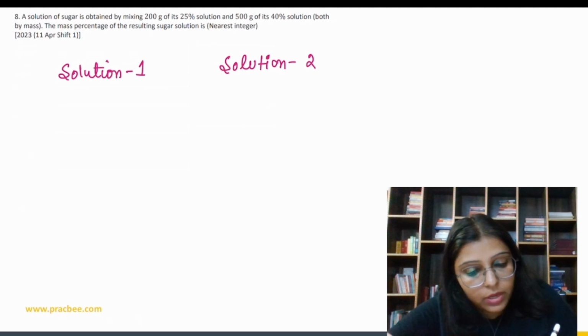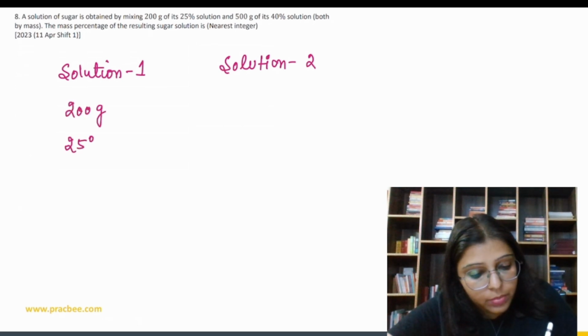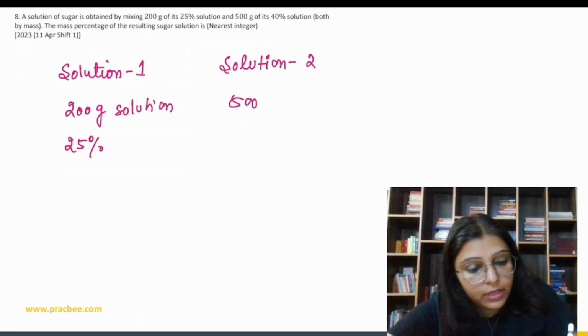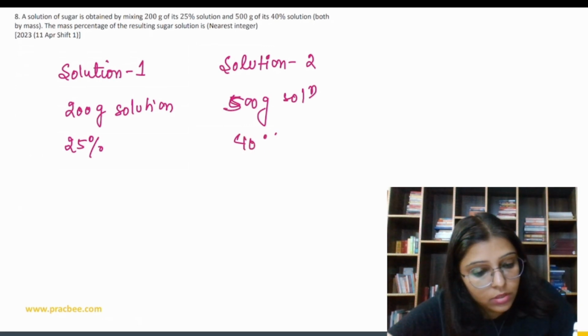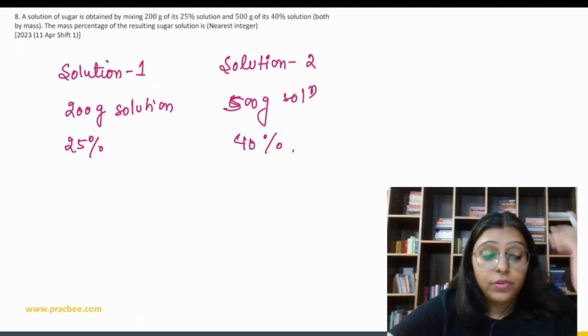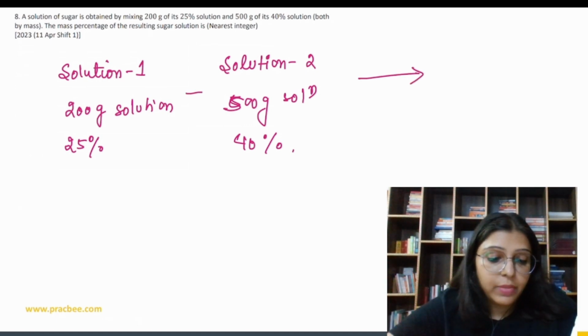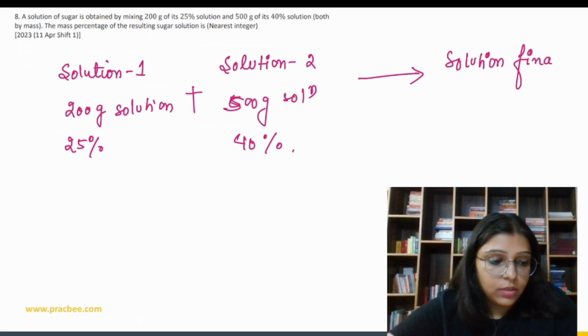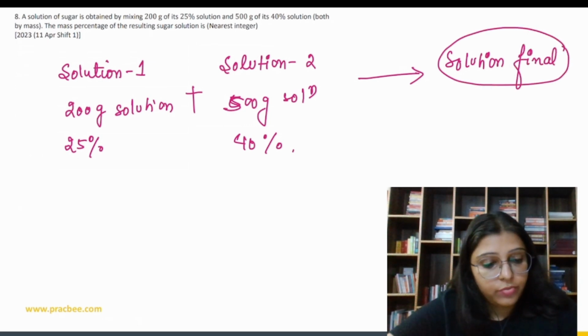In solution 1, we have 200 gram of 25% solution, and here we have 500 gram solution of 40%. When we combine solution 1 with solution 2, we get the final solution.